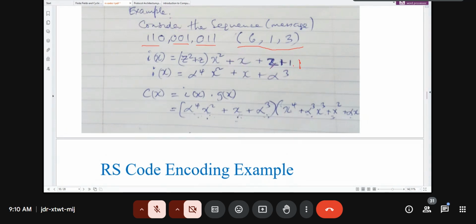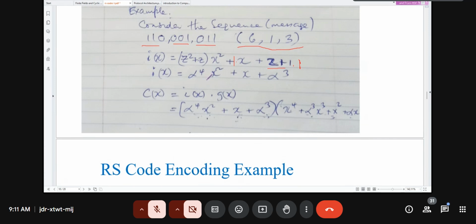So that's the coefficient. This is just x, and this is just 1. The coefficient of this is z squared plus z, the coefficient of this is 1, and the coefficient of this is z plus 1. I hope we are able to understand that, so we don't have that confusion.